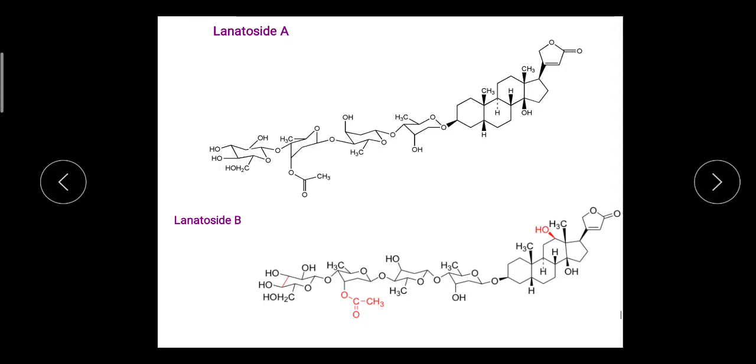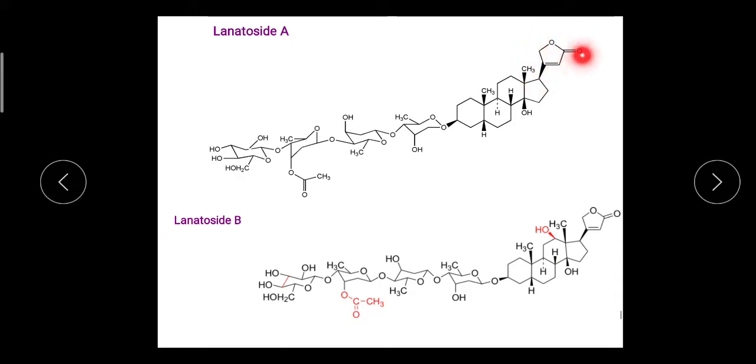Here is the structure of lanatoside A. This is the aglycone part, and this part is the sugar portion. In lanatoside A, the aglycone part, this total, is called digitoxigenin, and this is the lactone ring, a 5-membered lactone ring attached to the C17 position.